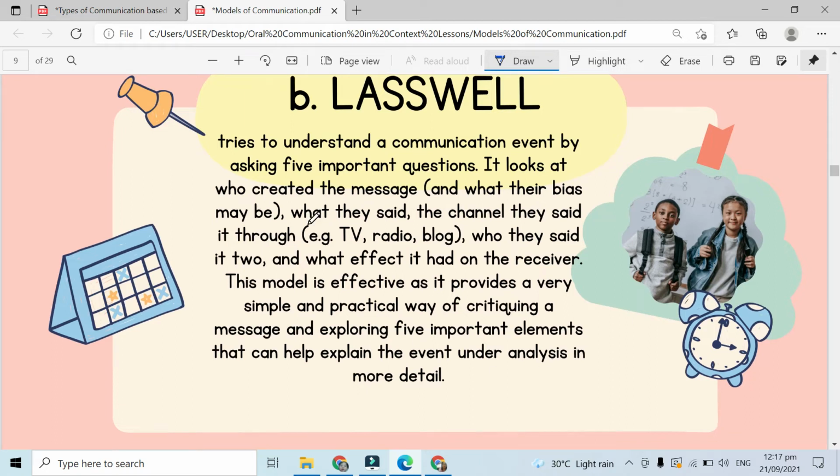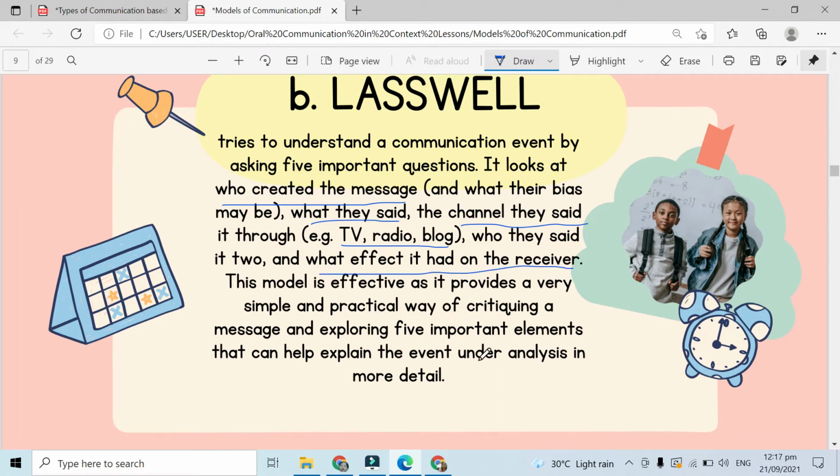It tries to understand a communication event by asking 5 questions. It looks at who created the message, what they said, the channel they said it in, for example TV, radio, blog, who they said it to, and what effect it had on the receiver.